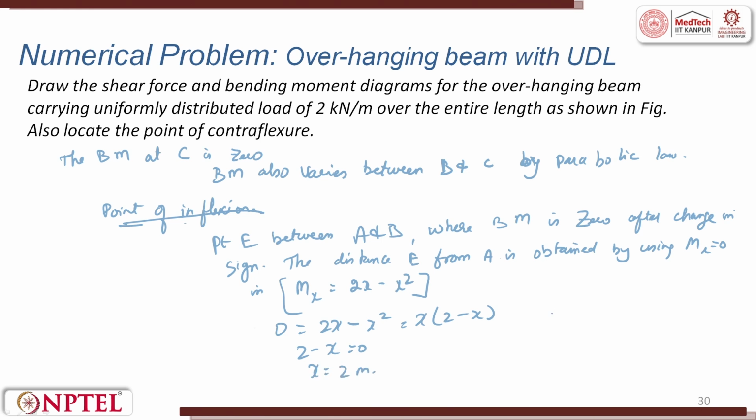Now, let us try to draw the bending moment keeping all the points. The bending moment for this diagram will be something like this. You will have A, then you will have a linear fall down, then you will have a taper. So, this is A, this is E, this is B, and this is C, right?